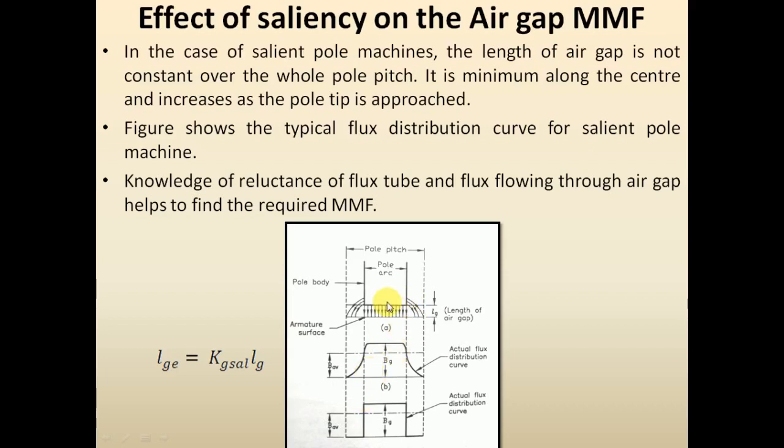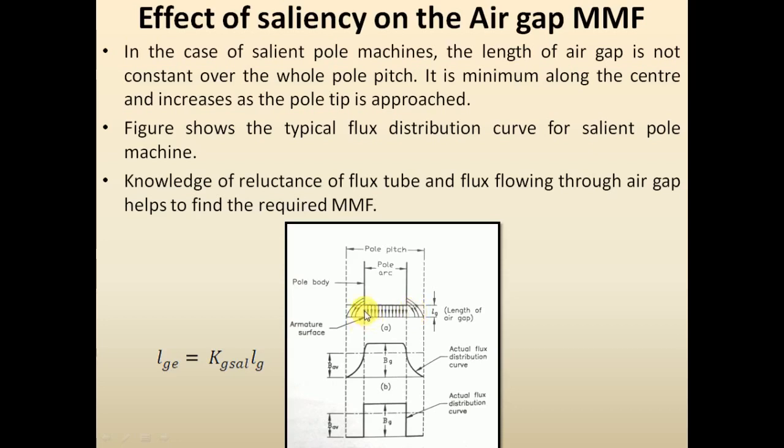From the standard relation of flux, you very well know that flux is equal to MMF by reluctance. As the length of air gap is minimum at the pole center, then definitely the reluctance at the pole center will be also minimum. Hence the maximum flux occurs at the pole center, and as we move towards the pole tip, since the air gap length has been increased, the reluctance will be also high, and definitely the flux distribution will be reduced.